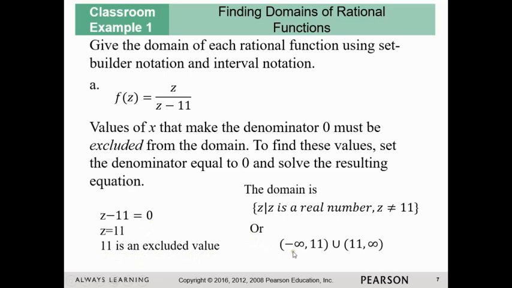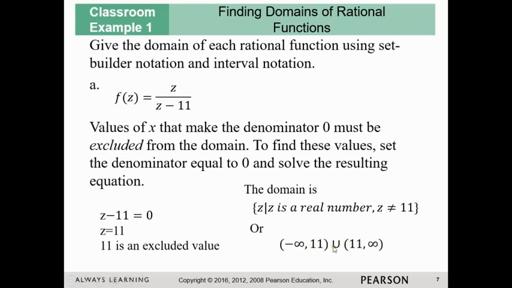Now, before, in chapter 2 I guess, when we were representing domains, we used interval notation. This is how we represent the domain of a rational function with the excluded value: parentheses, negative infinity, comma, the excluded value 11, union, parentheses, the excluded value to infinity.